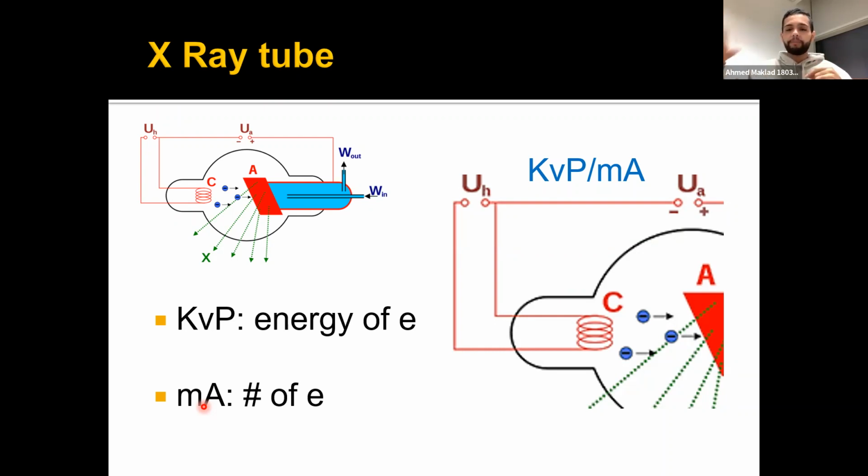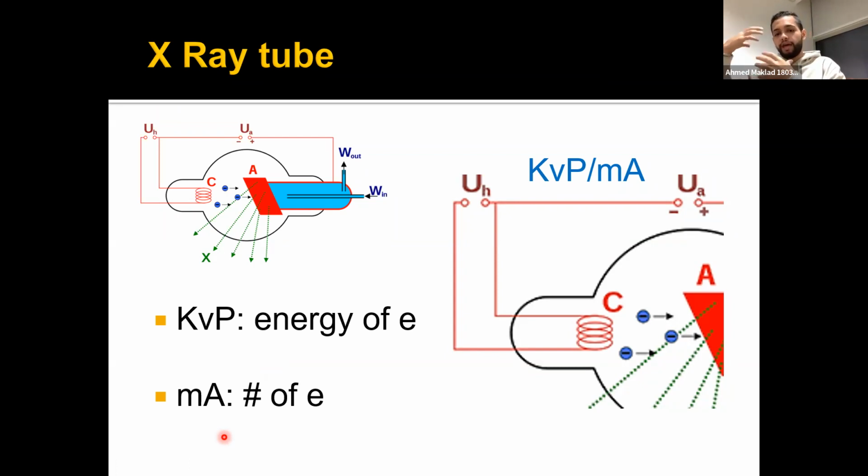All right, keep that in mind, because this is going to be helpful for you when you try to understand. So you have the kVp and you have the milliampere. When you increase the kVp, you increase the energy of each electron. So each electron is going to be more powerful, and this is going to give you a worse quality image.